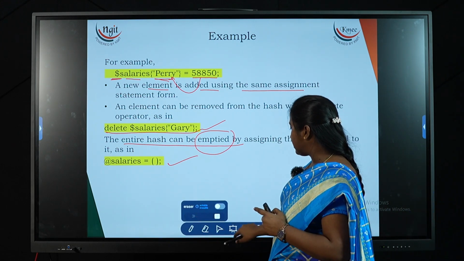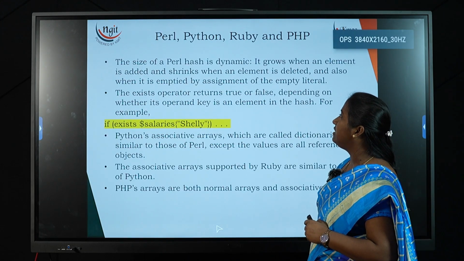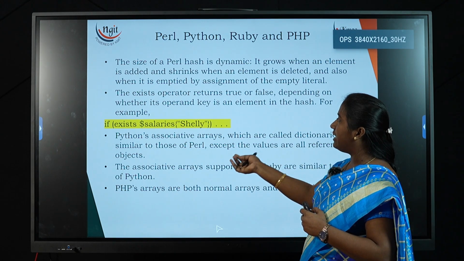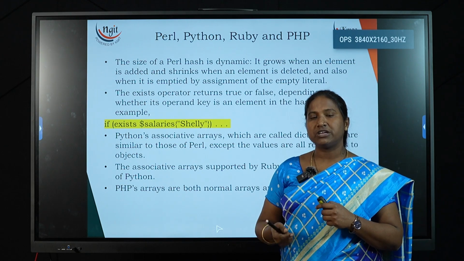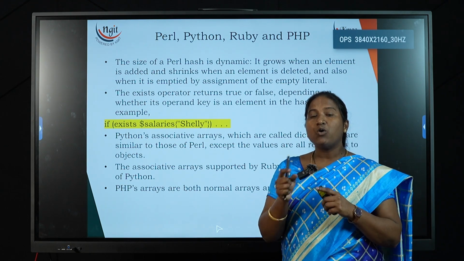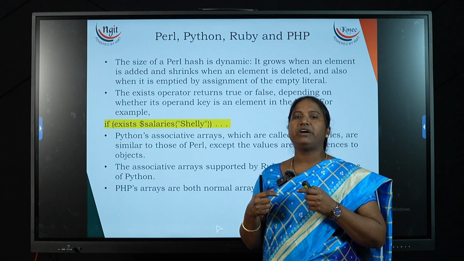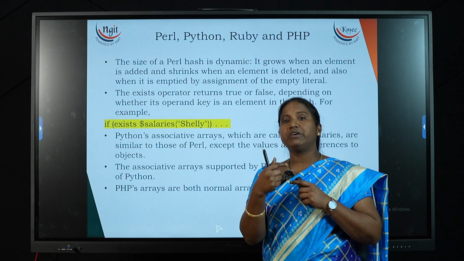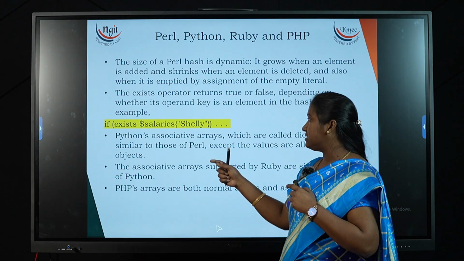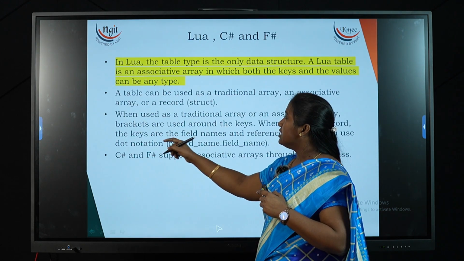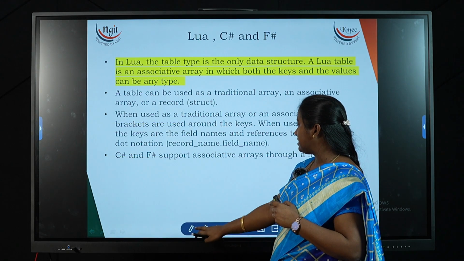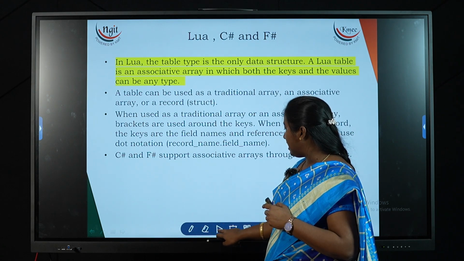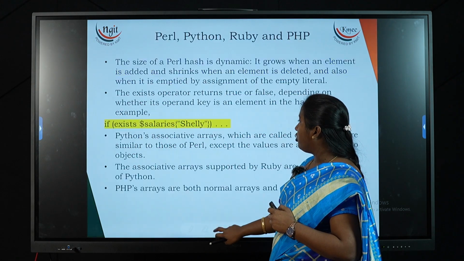Let's talk about the next programming language, which looks different from the other one. So here it is also shown how conditions get checked in Perl, how conditions are written. If I wanted to find whether a particular key value is present in the data structure, then I have to write a syntax for that, and that is the reason this syntax will help. So if exists, the key element you are searching for, if it exists, then we'll write this kind of syntax.